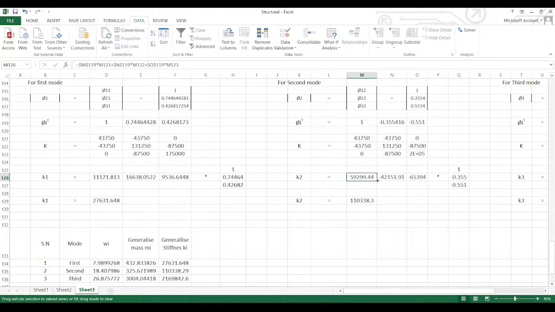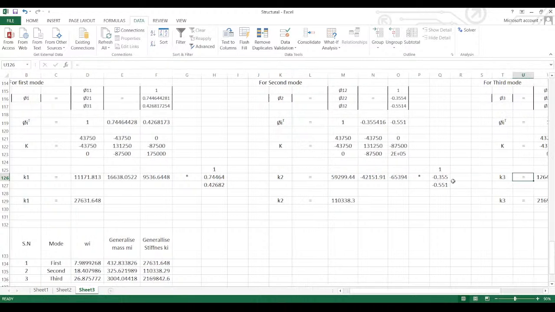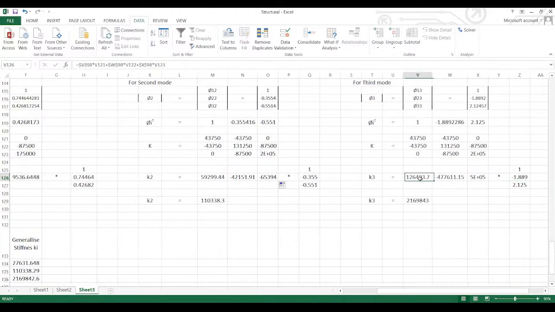They are not the same because these stiffnesses are different.